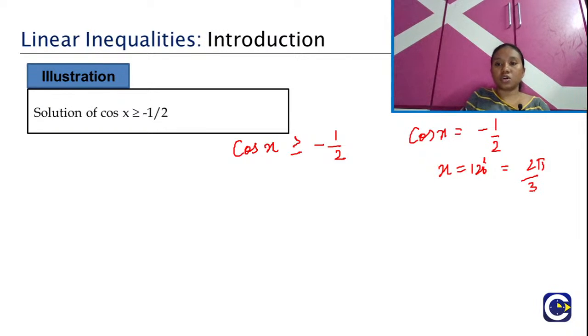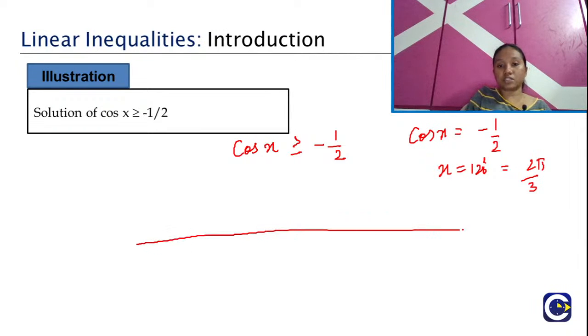Right. Not only will it be one side, because we will have both sides of the graph. So if I take my graph, with 0 here, let me take minus 1 by 2 here, guys. I'll be just drawing my graph here.